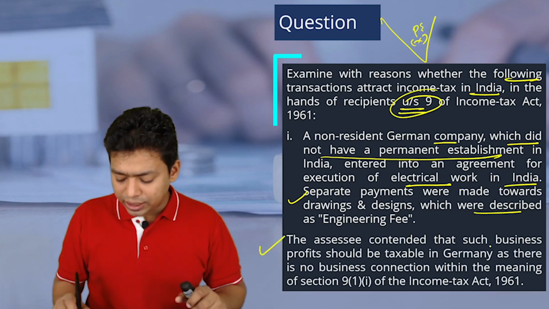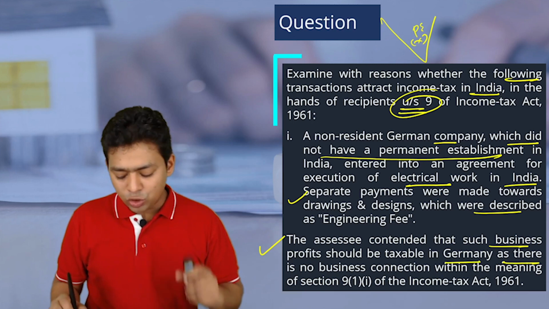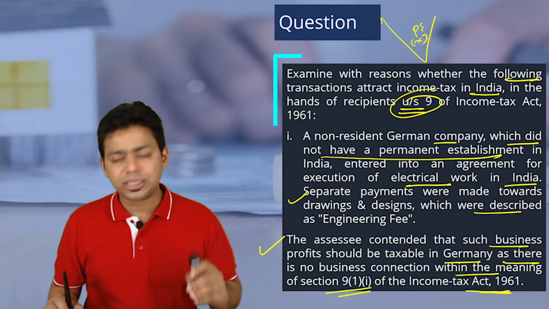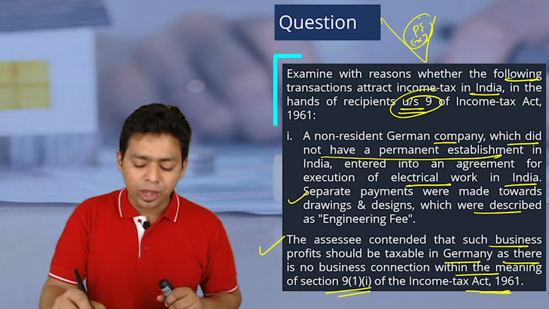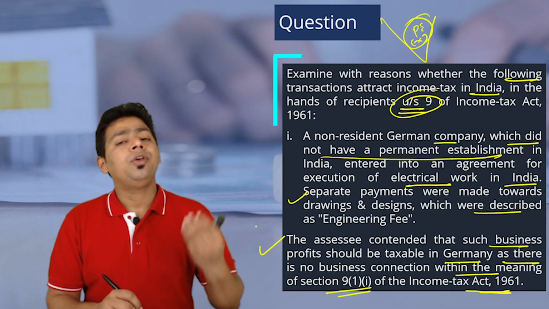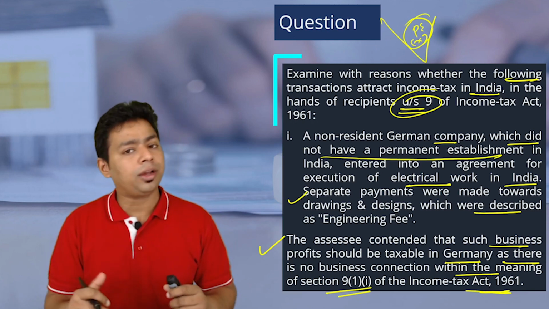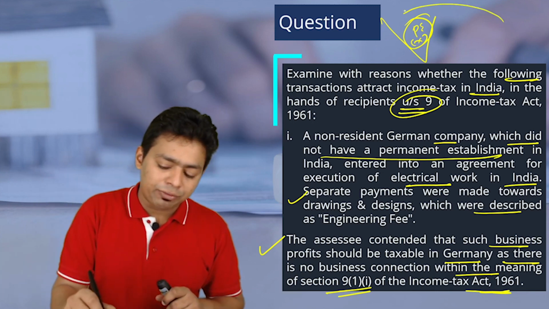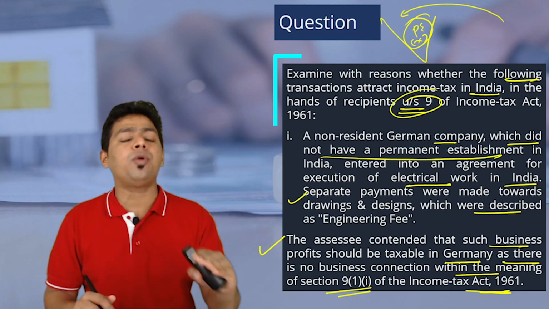The assessee contended that since the business profit should be taxable in Germany, as there is no business connection within the meaning of section 9(1)(i) of the Income Tax Act 1961. So what they are trying to say is, because we don't have a permanent establishment in India, we don't have a business connection in India, and because we don't have a business connection in India, this particular income should not be taxable according to 9(1)(i). Now please understand, when you are providing technical services which are utilized in India, that is more important.